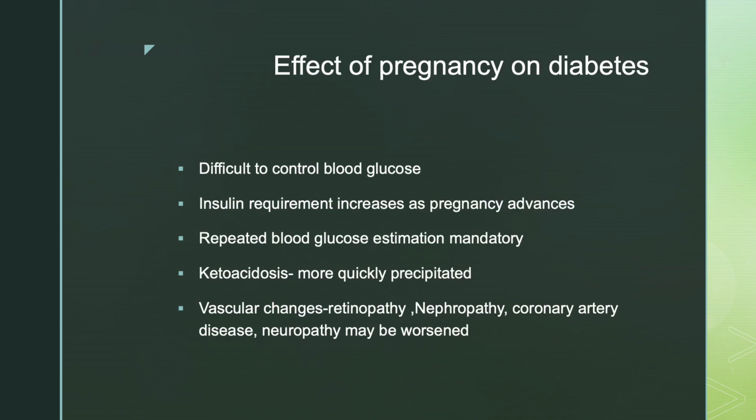Not only is pregnancy a diabetogenic state, but if the woman is already diabetic, pregnancy has its influence on the diabetic state of the woman. It becomes very difficult to control her blood sugar. The insulin requirement increases as pregnancy advances. Repeated blood glucose estimation becomes mandatory, and she is more prone to ketoacidosis.